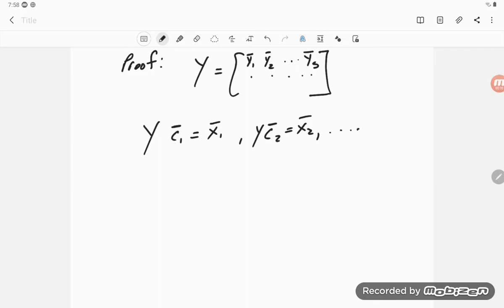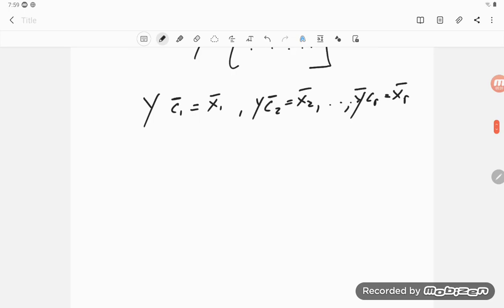So I don't know what the c1, c2 are, but they exist because we're told these things are linear combinations. And so I'll do my cr equals xr. Okay, so now suppose I make a matrix X, which has all the columns x1 through xr.